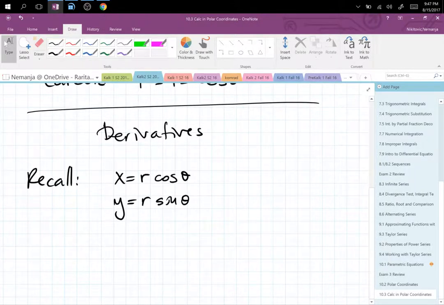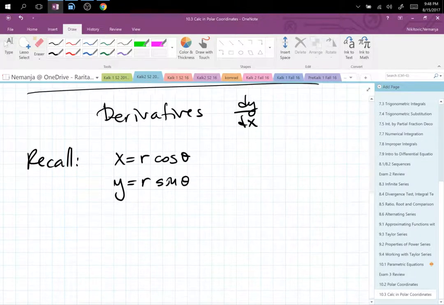When I say derivative, I'm looking for dy/dx, because once I plug in those values of x and y, I am getting the slope of the tangent line. So we need to develop a formula which will help us find this derivative.